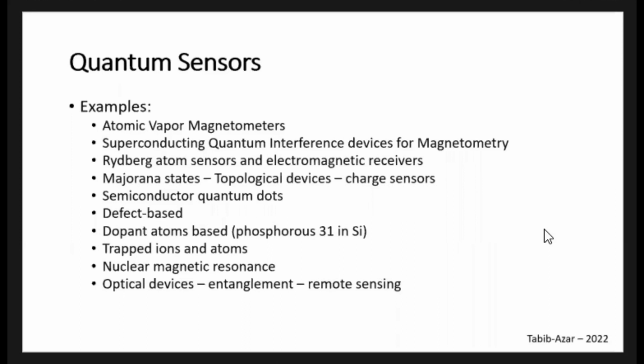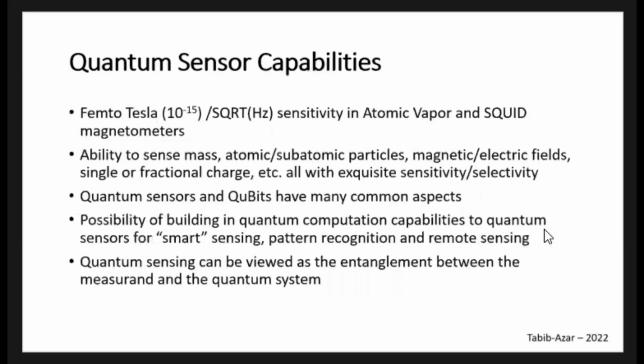There's a company, IonQ, that came out of Maryland, and they are constructing these elaborate quantum computers with trapped ions, and they are manipulating the state of the ions, as a qubit, to perform quantum computations. And of course, nuclear magnetic resonance has been around for a long time. And there are many optical devices that are used for entanglement and remote sensing. So it's a short list of quantum sensors or quantum devices.